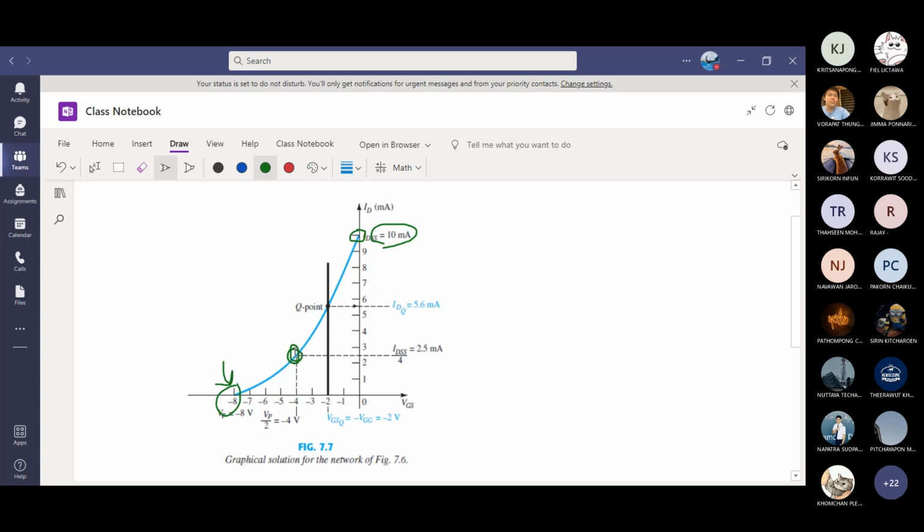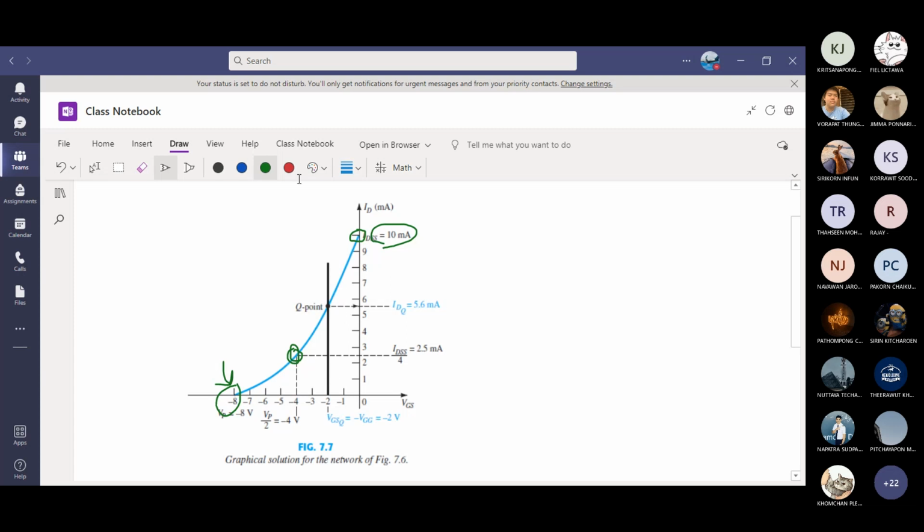Another shortcut you can draw. Some people can draw curves with 3 points quite smoothly. For the best curve, you can have another point. When ID equals half of IDSS, which is 5 milliamp, what is the value of VGS? 0.3 times VP. What is 0.3 times -8? -2.4.